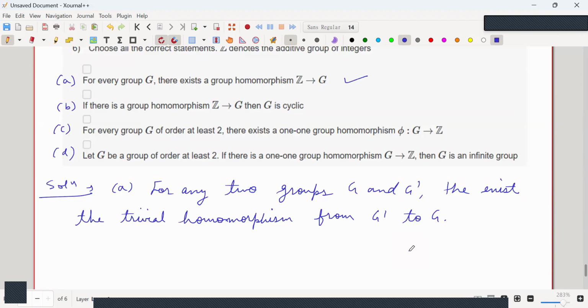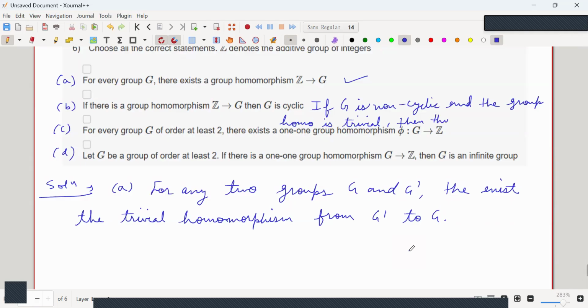That's not true because if G is non-cyclic and the group homomorphism is trivial, then this is not true, right?